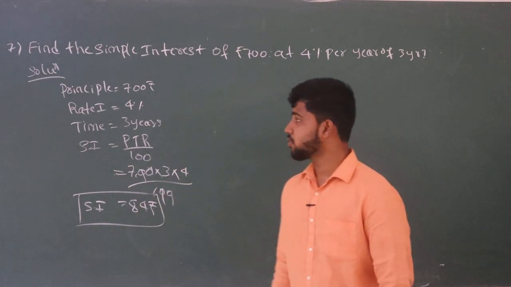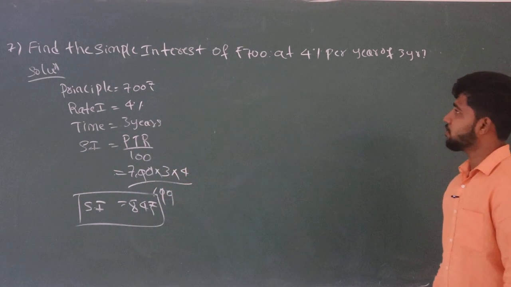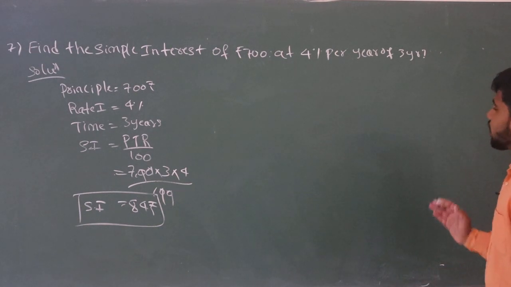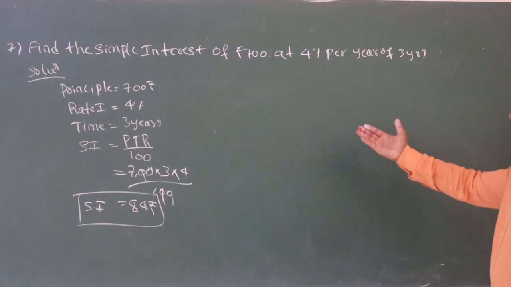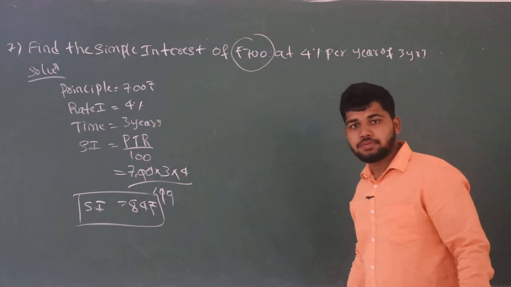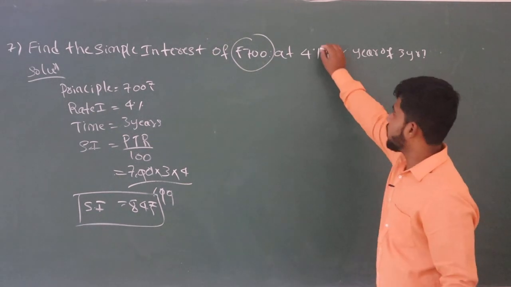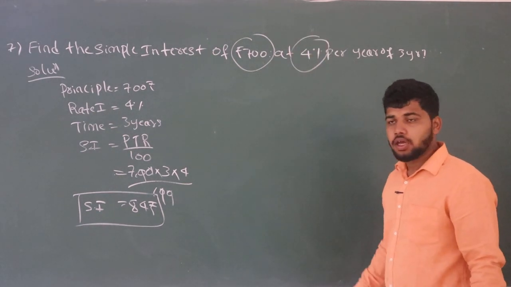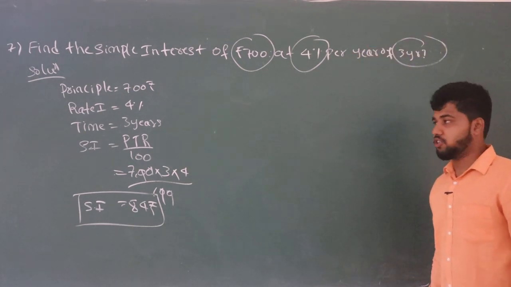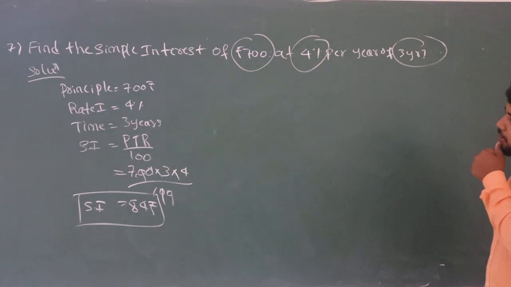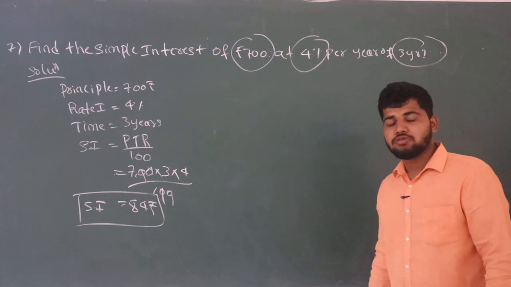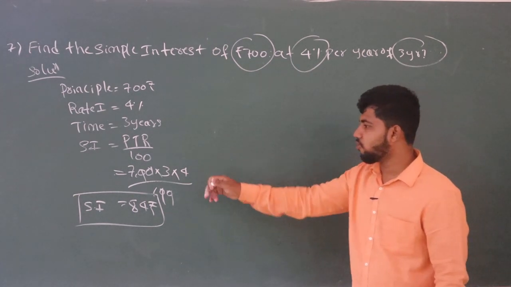The given problem is to find the simple interest of rupees 700 at 4% per year for 3 years. They have given the principal, the rate of interest, and the time or duration. By using the simple interest formula, we solve the problem.